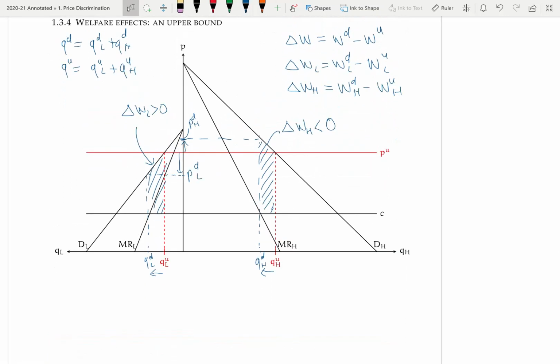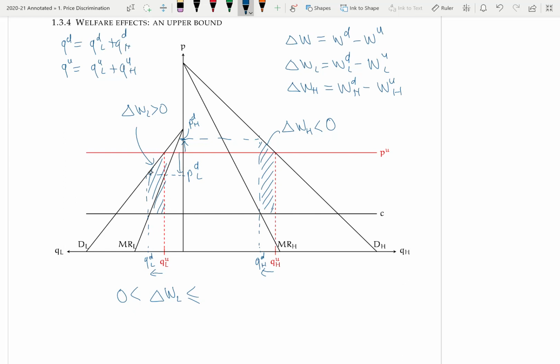So let's look at market L first. We found that the change in welfare is positive in market L, and we're going to be able to bound this above by an expression. We're going to write down an expression here which we know is bigger than the change in welfare in market L. So let's look at this area.